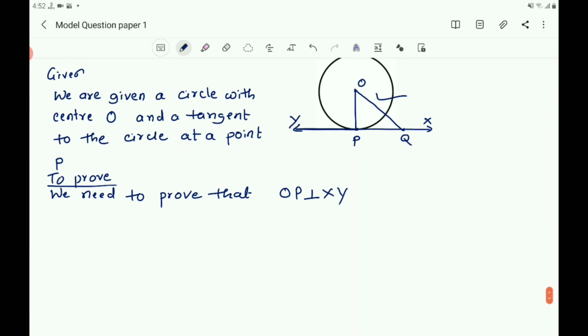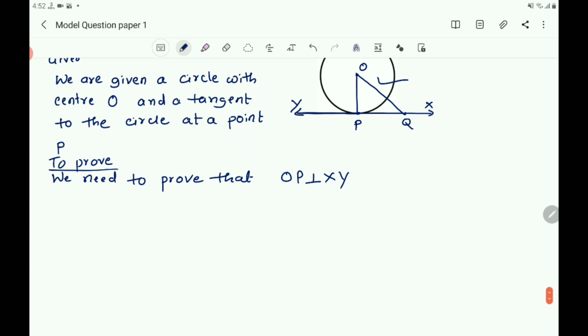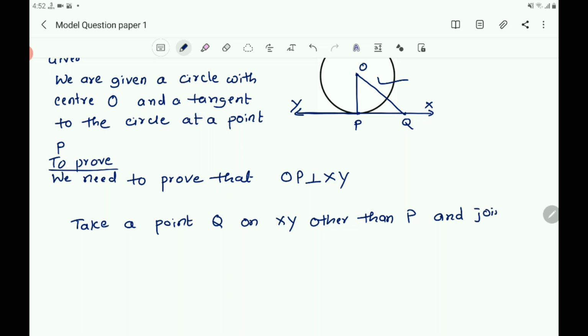Then you write construction: take a point Q on XY other than P, and join OQ. Here what is the construction we have done? Take a point Q on XY other than P and join O and Q.